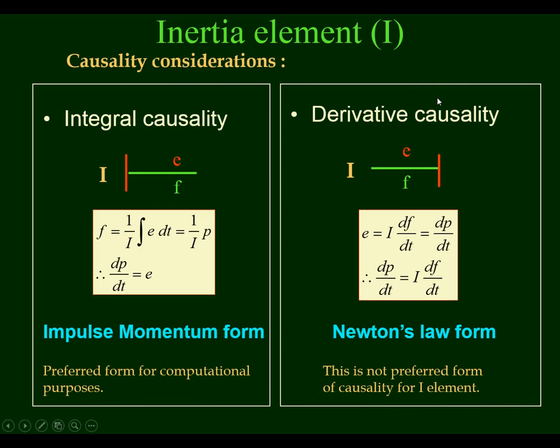Now we could consider the I element, which we are calling the inertia element. And this element will store kinetic energy as opposed to the C element that stores potential energy.